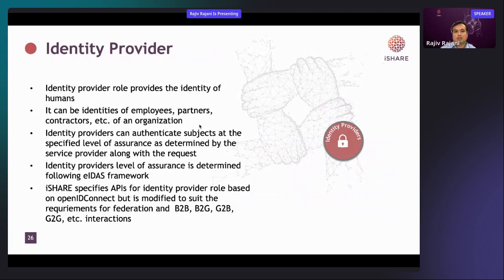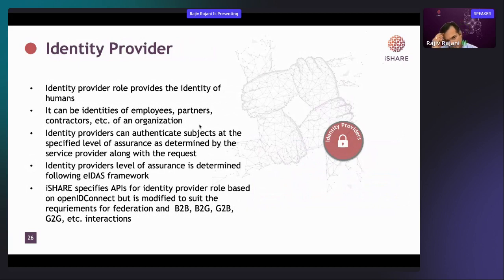But of course, eIDAS also specifies additional elements for an identity provider, and iShare reuses those elements, which also determine the level of assurance of this organization. So it allows everyone from startups to large identity provider organizations to play the role in iShare. And depending on your use case, you can choose which identity providers are suitable for your use case.